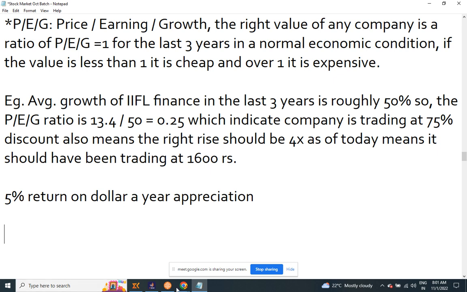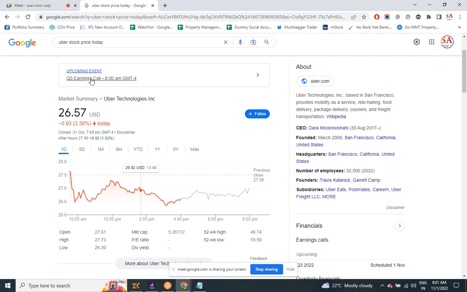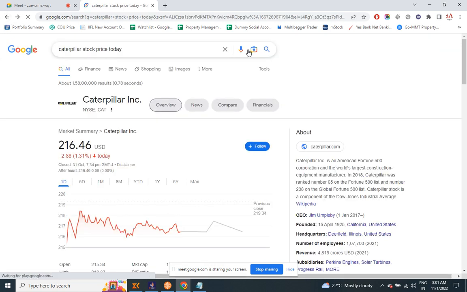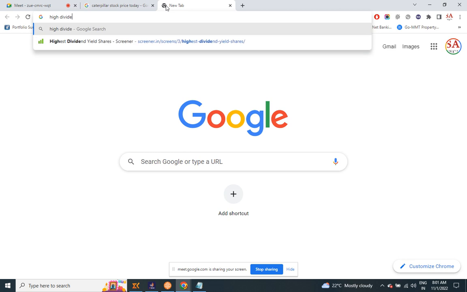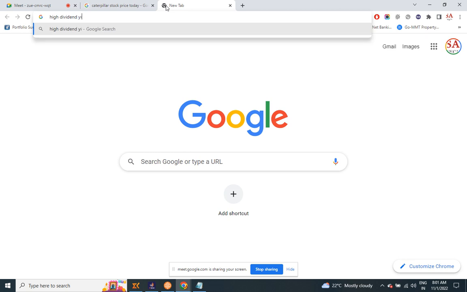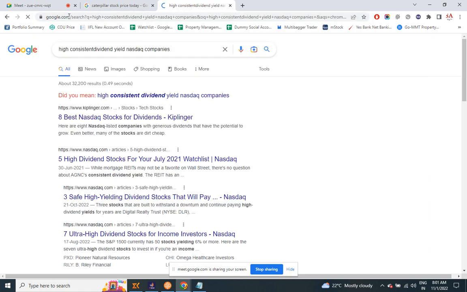Second advantage, some companies like say Caterpillar, there are many companies like that. In Google you can search high dividend yield Nasdaq companies, high consistent. I'll talk about dividend later.